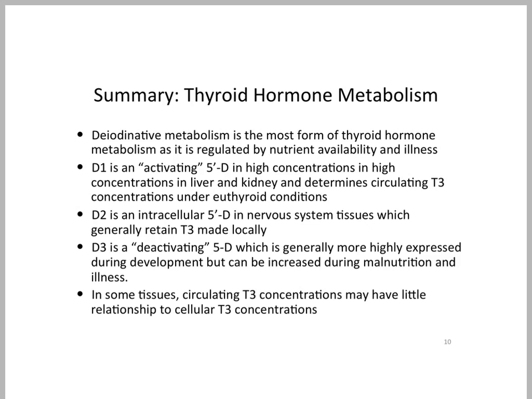And in some tissues, circulating T3 concentrations may not be very helpful to know what's going on in those tissues because they're making their own T3 from T4. And so we should think about T3, therefore, as an intracellular hormone and T4 mostly as an extracellular hormone. And probably the T4 concentrations, therefore, are more reflective of the animal's thyroid status from the standpoint of how much the thyroid is secreting.